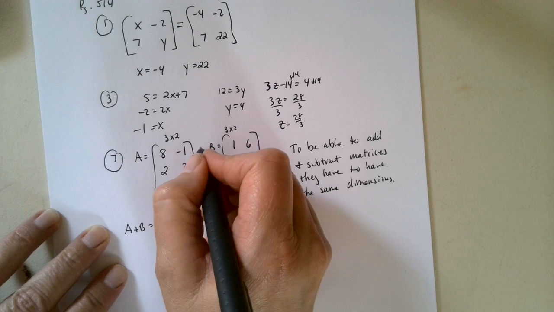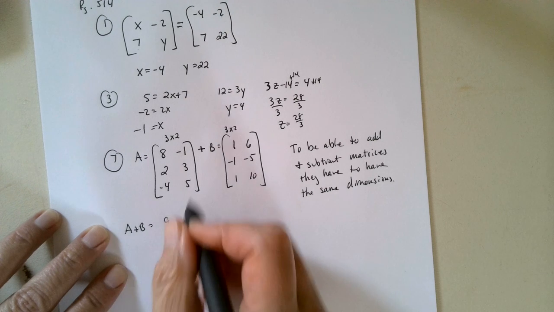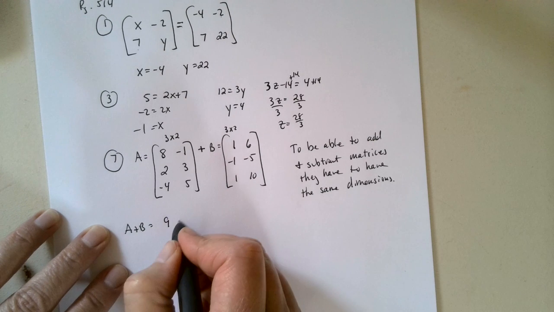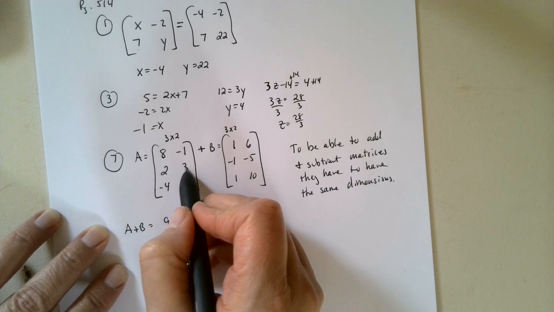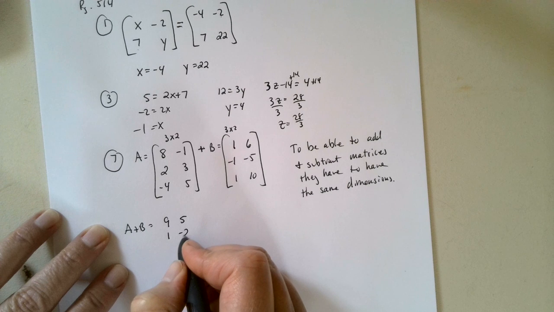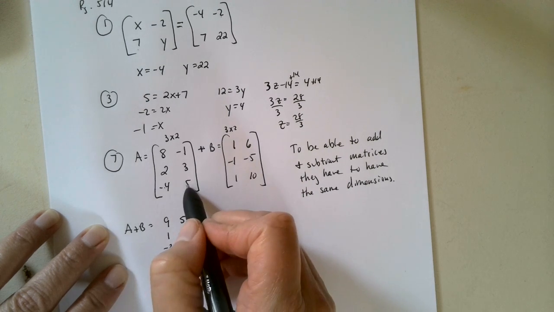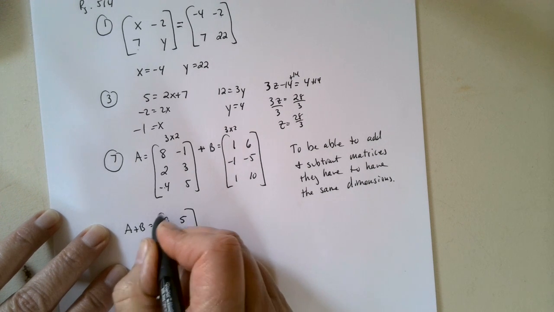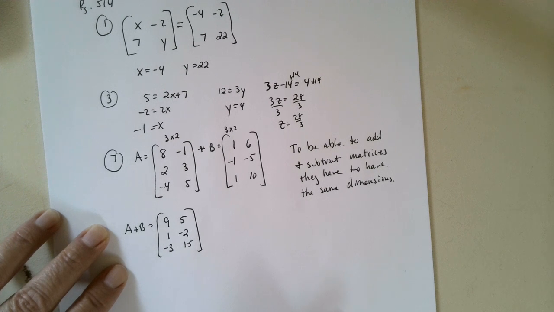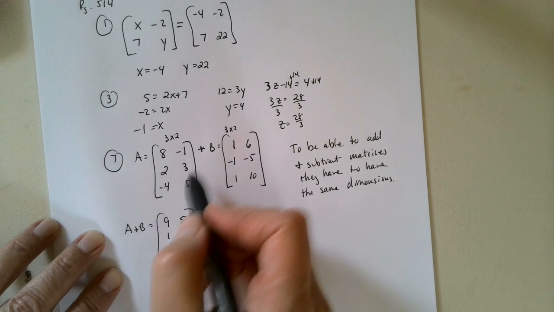So I'm just going to put a plus sign right here. 8 plus 1 is 9. -1 plus 6 is 5. 2 plus -1 is 1. 3 plus -5 is -2. -4 plus 1 is -3. And 5 plus 10 is 15. So when we add them together, we'll get 9, 5, 1, -2, -3, and 15. Just be careful with your negatives.